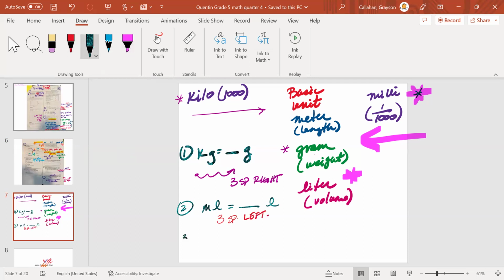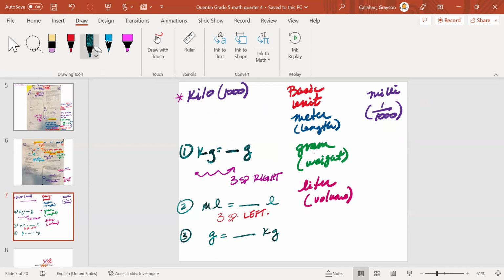All right. Number 3, let's say we're going from gram equals how many kilogram? Which direction do you go? Grams is right here. Kilogram is here. Gram is smaller than kilo. Kilo means 1,000. Gram just means 1.